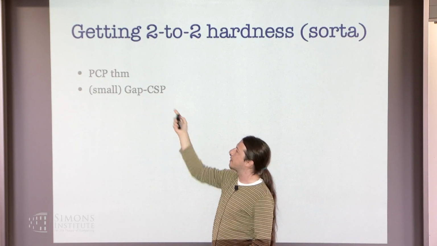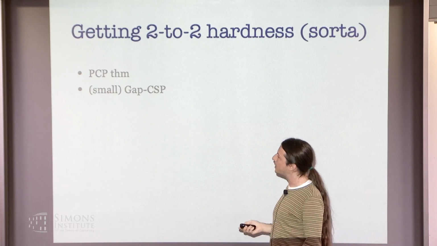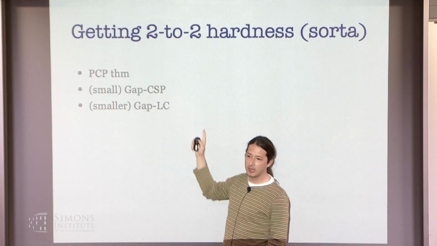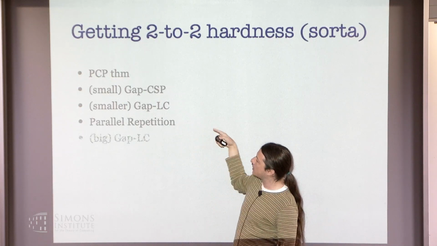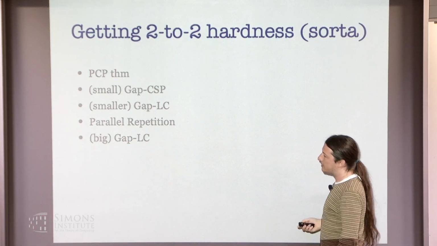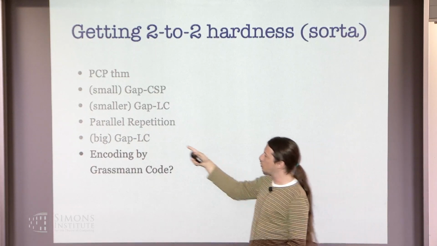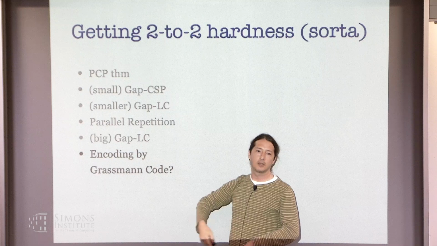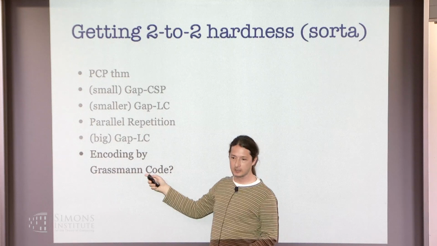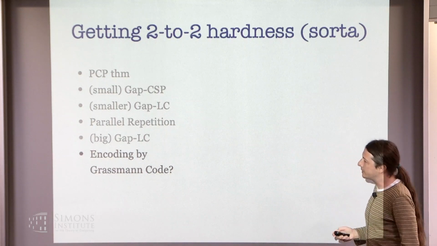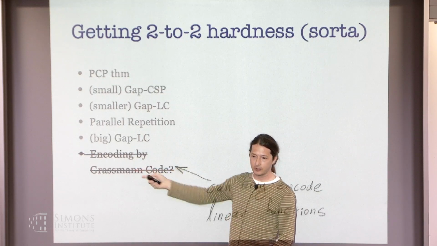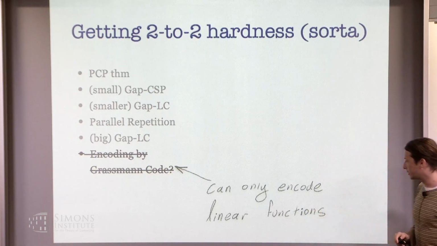The PCP theorem is itself hardness for some gap constraint satisfaction problem, and from that you get smaller gap hardness for label cover, and then you do parallel repetition, and then you get a big gap for label cover. The standard thing would be to use the variables in the label cover and encode them via whatever new shiny test that you have, in this case the Grassmann code. It doesn't work because we only know how to encode linear functions.